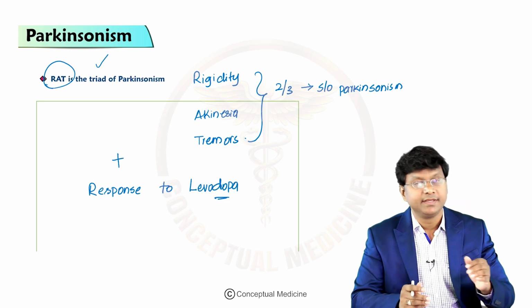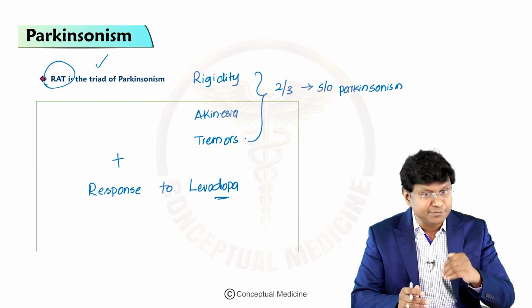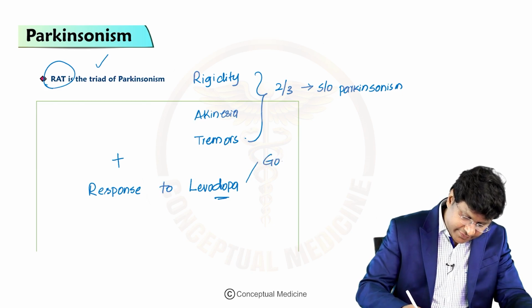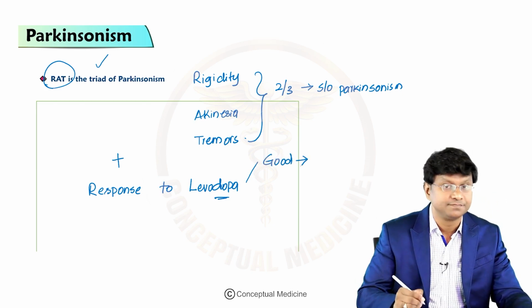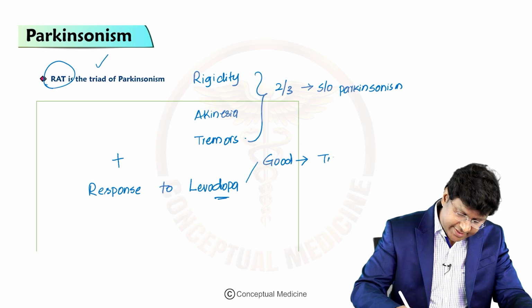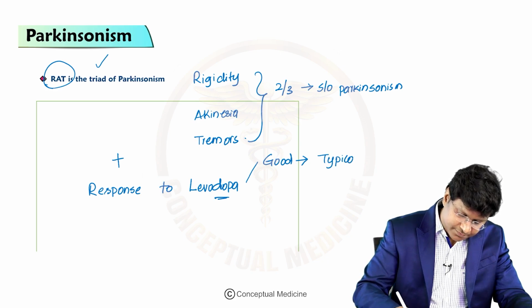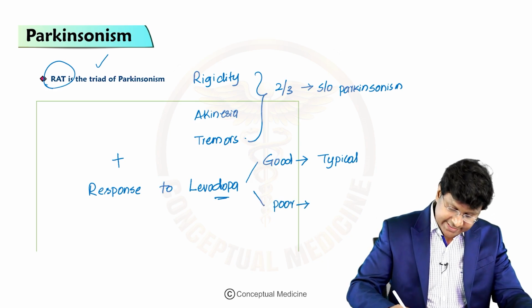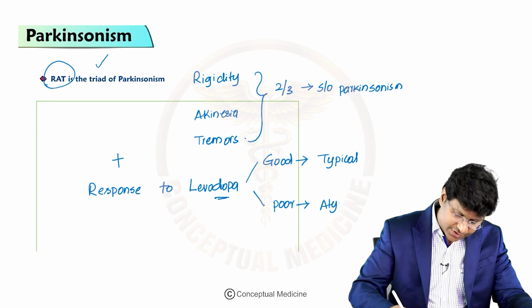For example, if the individual has a good response, then it is called typical Parkinsonism. And if the individual has a poor response, we call it atypical Parkinsonism.